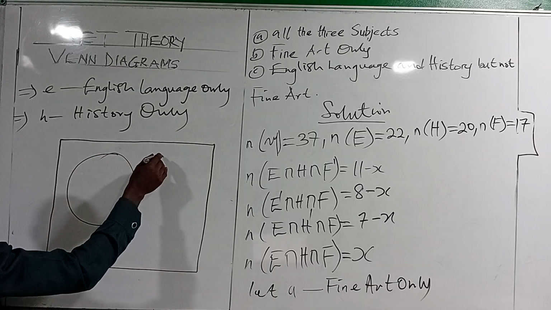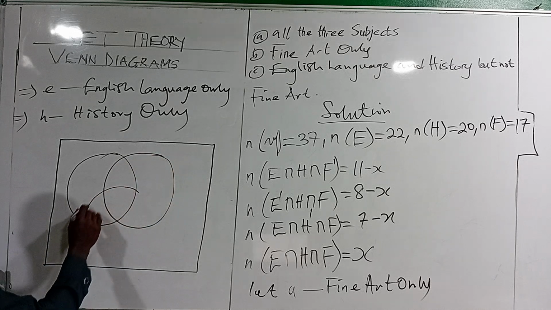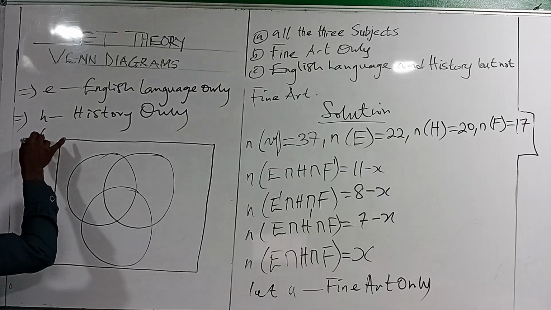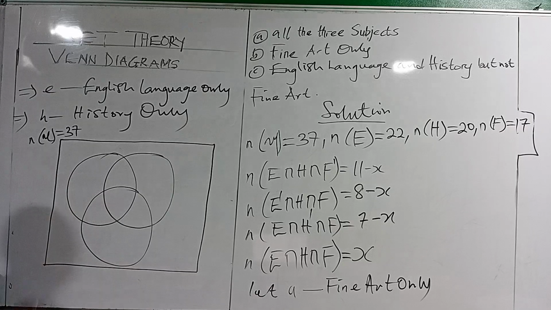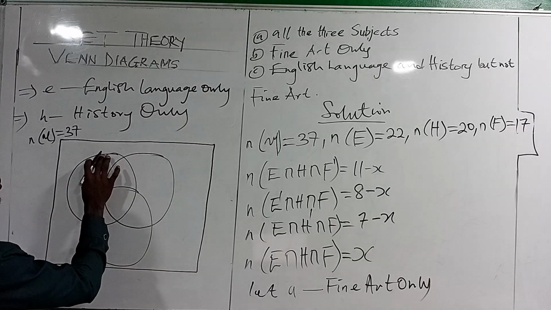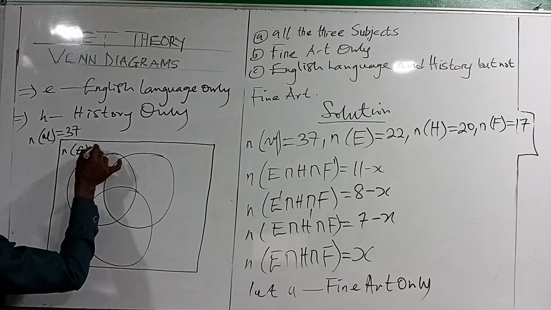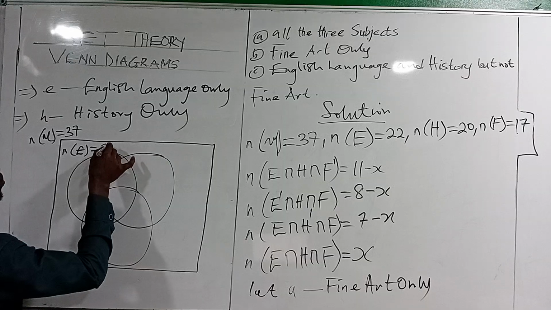The first region, the second one, and the third one. Here is the universal set, which is 37 vacancies. Then here is going to be only English language, which is 22.